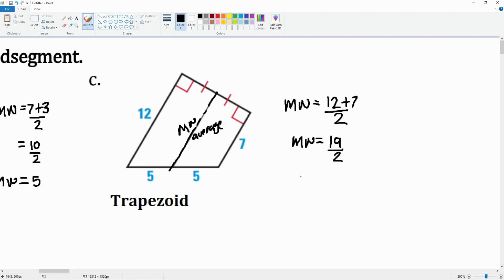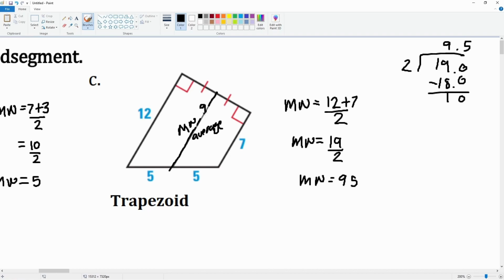The number is just very ugly, but what's 19 divided by 2? Let's do the long division here. 9 is 18. Bring down the 0 for the fraction and the 5. So it's 9.5.